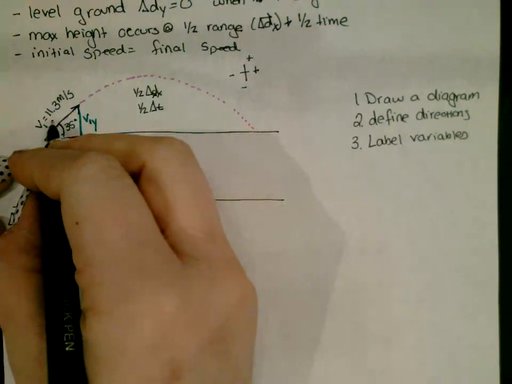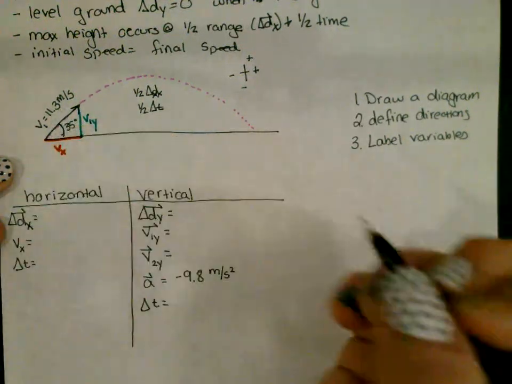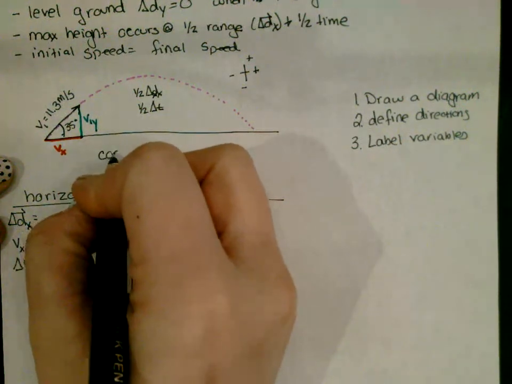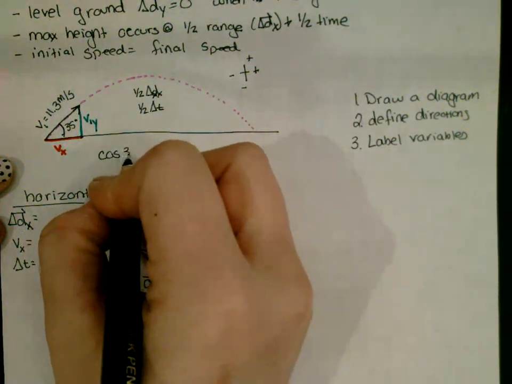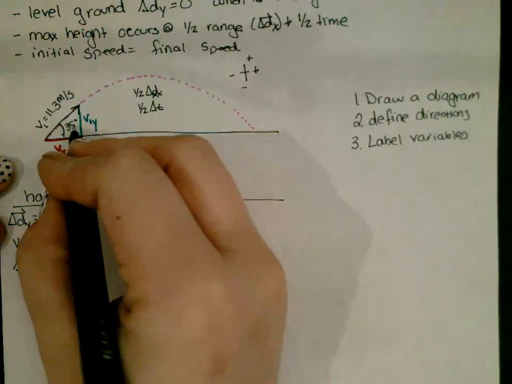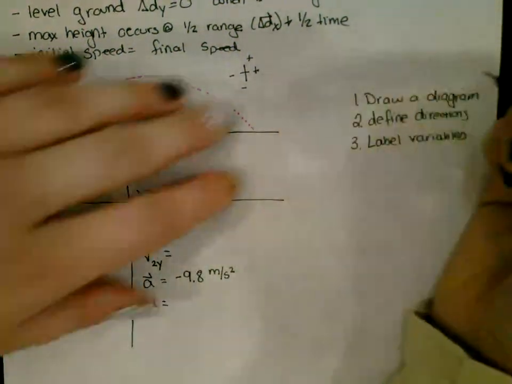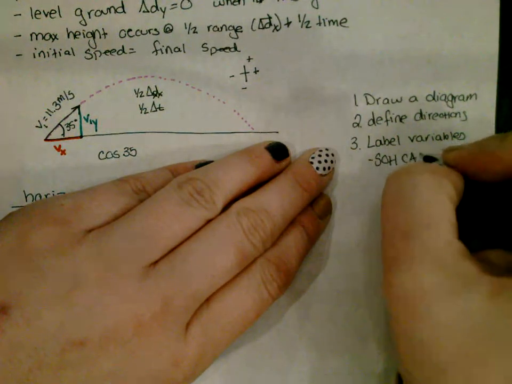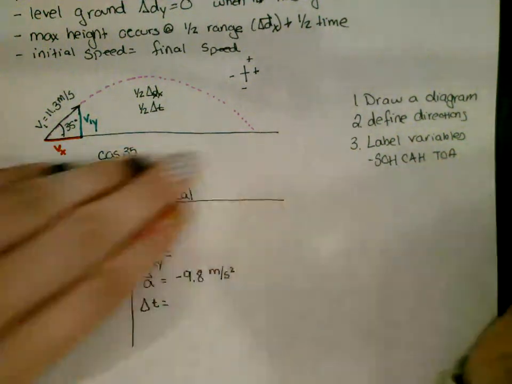I can say my initial velocity was 11.3 meters per second. So the cosine of 35 degrees, that's my angle, so I'm going to use SOHCAHTOA here.